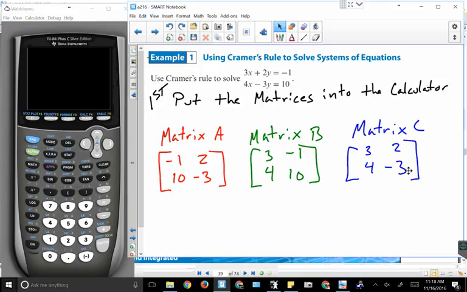So really the only tricky ones to come up with are matrix A and B.